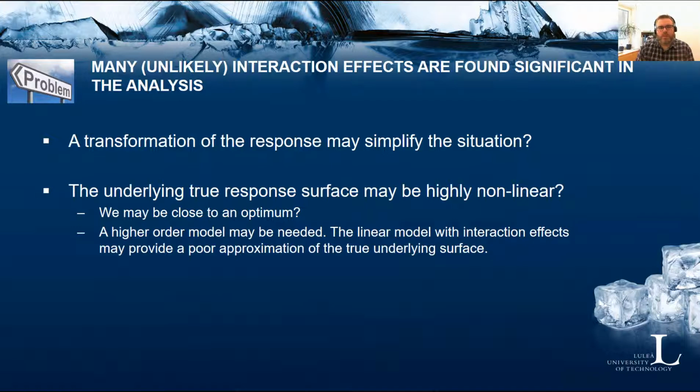So in cases where we get many active interaction effects in our models, these two potential explanations should be considered: either transforming the response, or we may need a more complicated method, such as a second order model, for example.